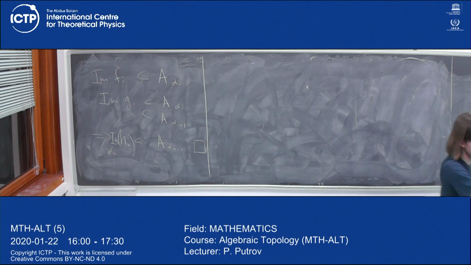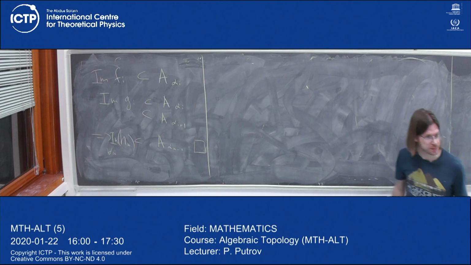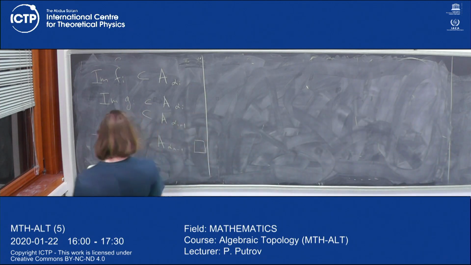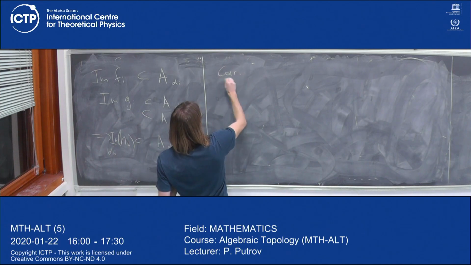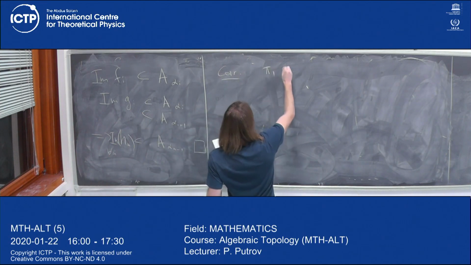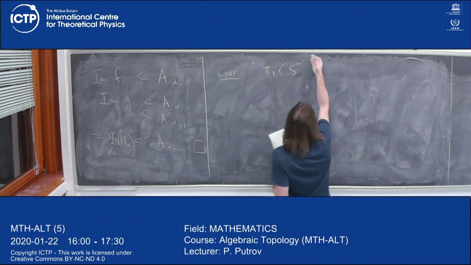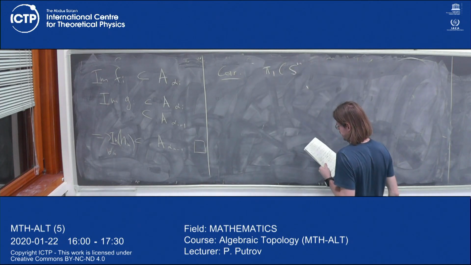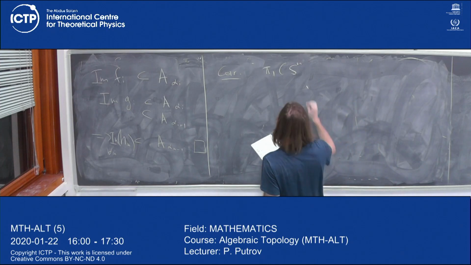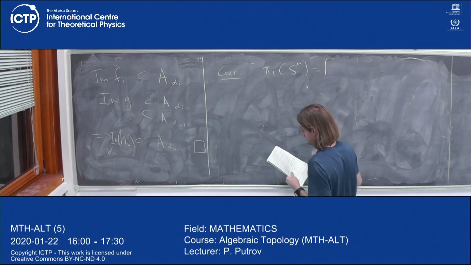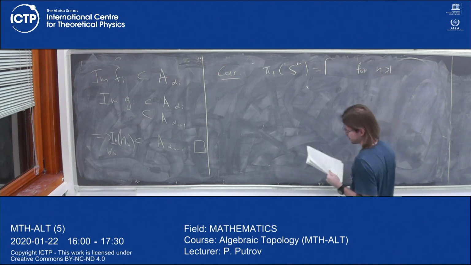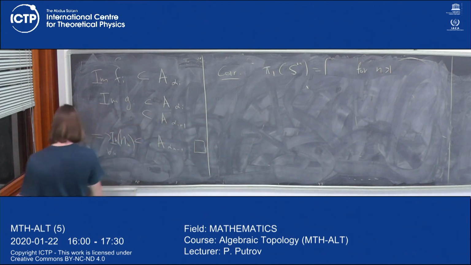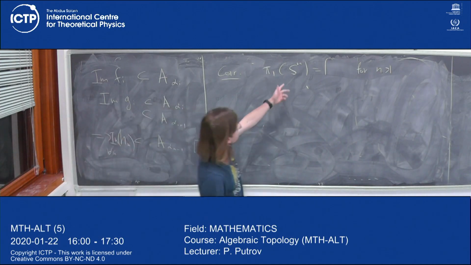Questions? So what can we learn, for example, from this statement? For example, the following, we can learn that the fundamental group of the n-dimensional sphere is trivial for n at least 2. Well, this is kind of obvious for S2 to visualize.